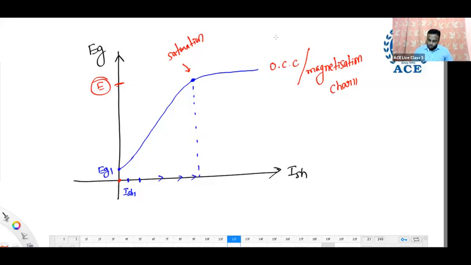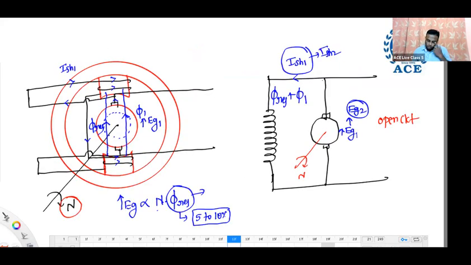See here. This is called OCC, or magnetization characteristics, because of what happens here. Initially, how much flux is there? Residual flux. After that, some flux is added, again and again added. Finally, up to what does it reach? Maximum flux. We call this the magnetizing process.